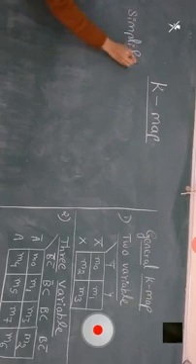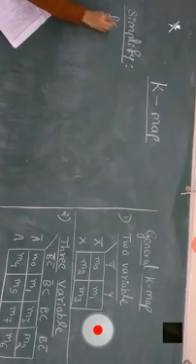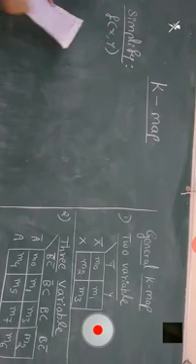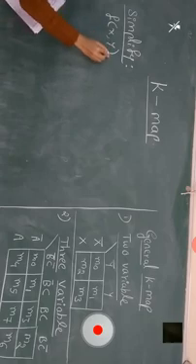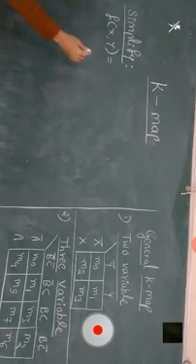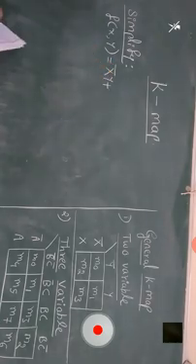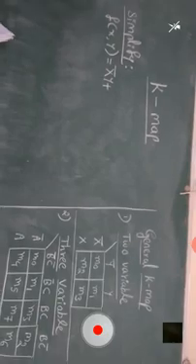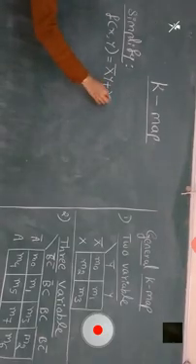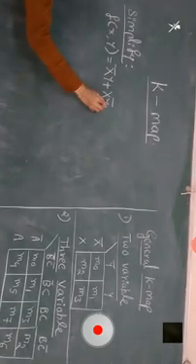First we solve the first question, that is, simplify f of x comma y is equal to x bar y plus x y bar plus x y.